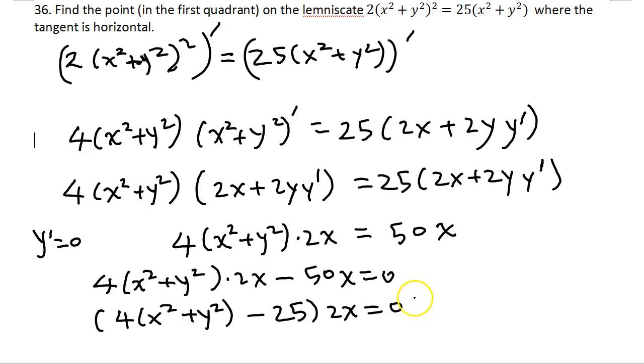Alright, now, what can we find out from here? For this to be 0, either 2x has to be 0, in which case x is equal to 0, or this thing has to be 0.